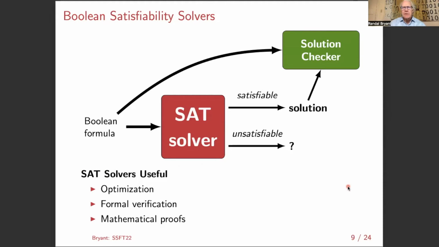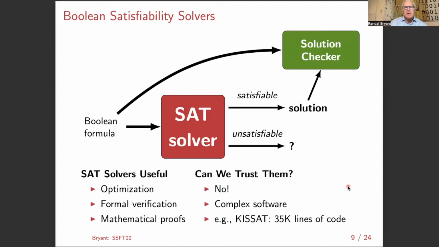It might come back and say the formula is unsatisfiable just because it overlooked a possible solution. And this is indeed a real possibility. These are very complex pieces of software, many thousands of lines of code, filled with very tricky algorithms, lots of optimizations, lots of places where they could make mistakes, and just come back and say, nope, not satisfiable.